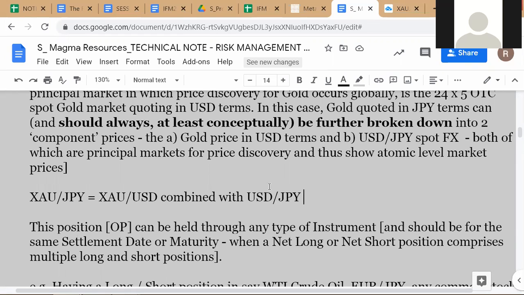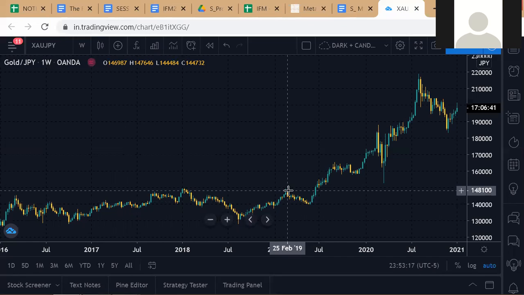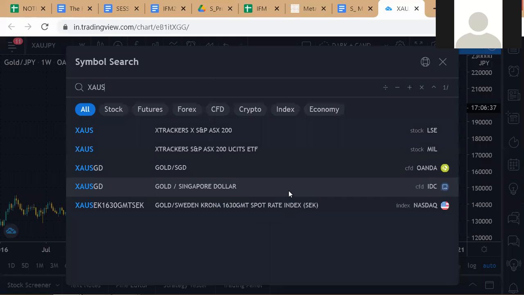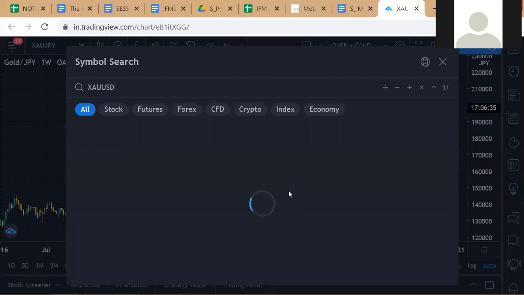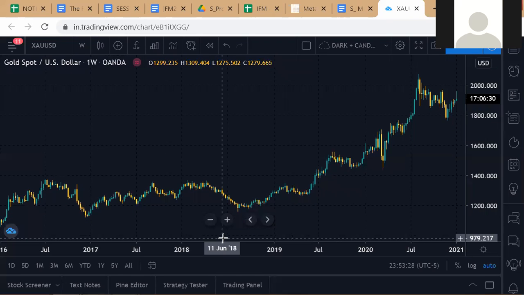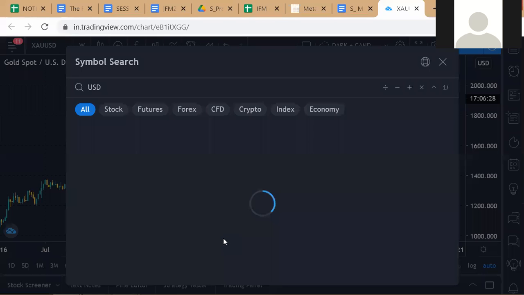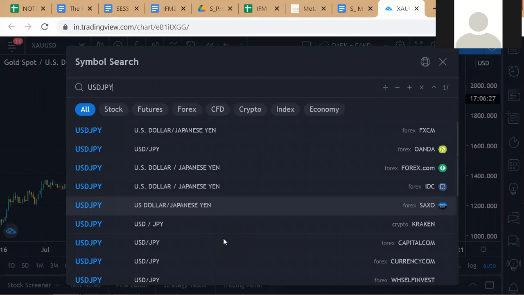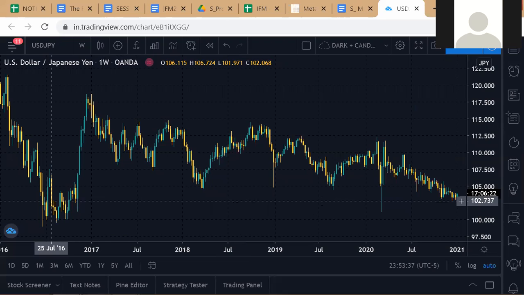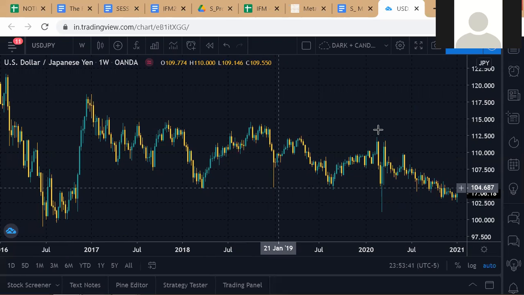So he should separately look at XAU USD, which looks very similar, and then he should look at USD JPY. You see, it's not been moving much. That's why the two charts look the same, because the dollar yen has not been moving much.